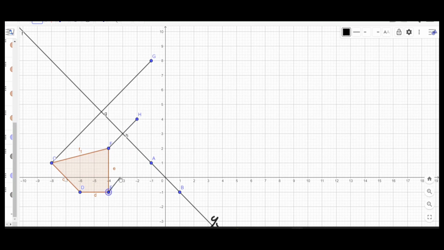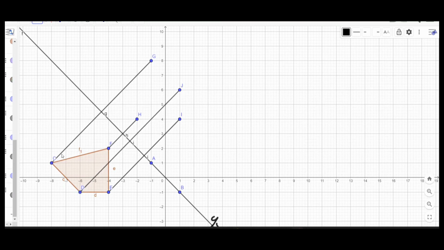E, 1, 2.5, half, 1, 2 there. And D, 1, 2 diagonals, 3.5. So it's going to go a half, 1, 2, 3.